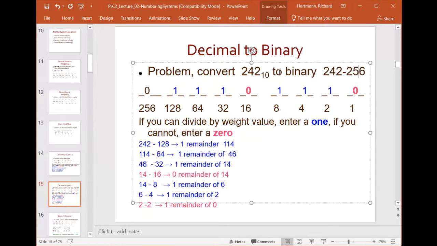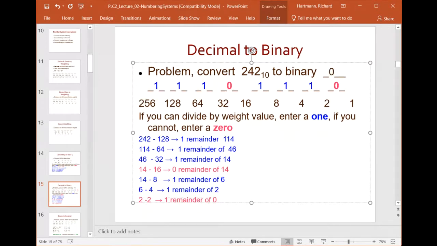And I'm going to ask the question, if I do this subtraction, do I get a negative number? So 242 minus 256 is going to give me a value of minus 14. So I would get a negative number if I tried to do that subtraction.